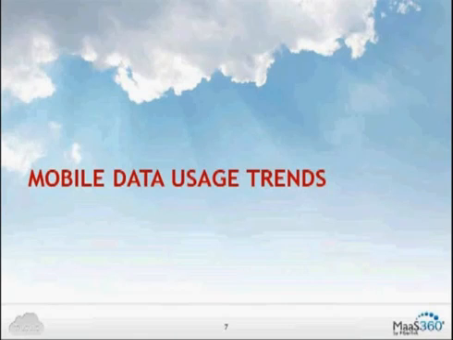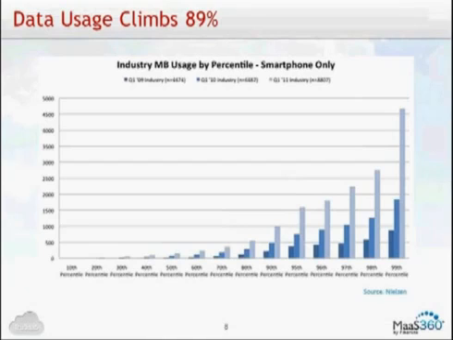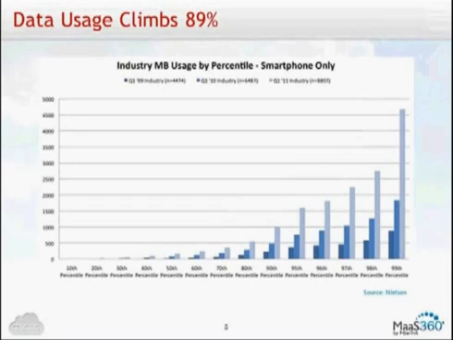So now a number of different data usage trends that we've seen with some of our research here. This is a very interesting chart. As you can see, data usage has climbed 89% through the first quarter of 2009 through the first quarter of 2011.